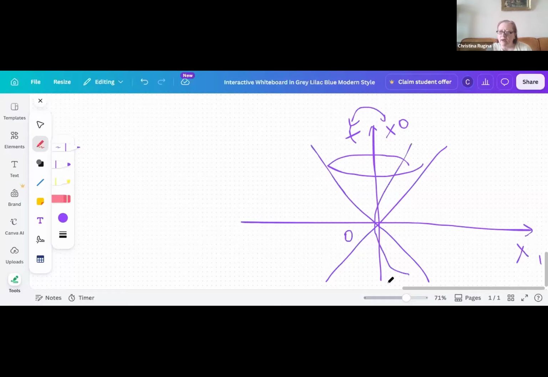They have to stay within the light cone because their speeds are smaller. This is c x0, and actually minus, and this is c x0.